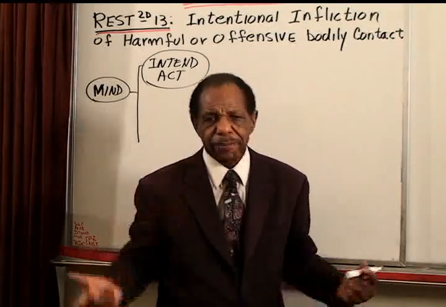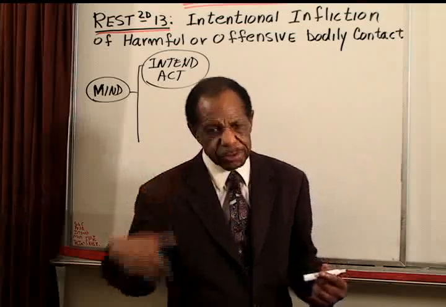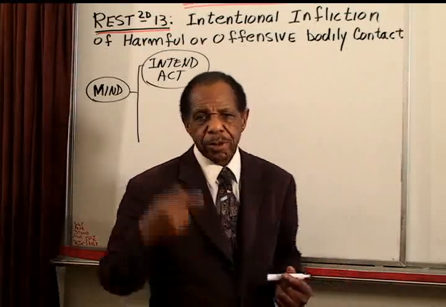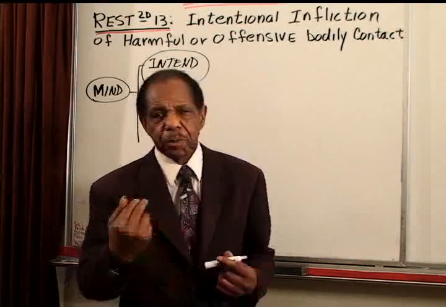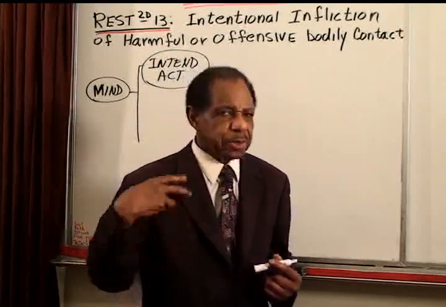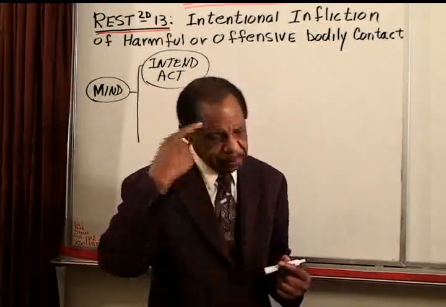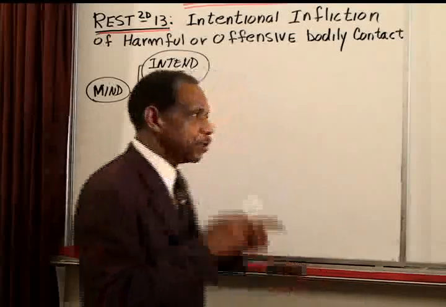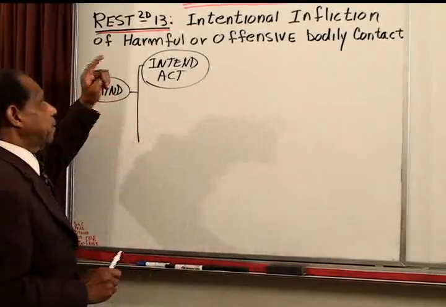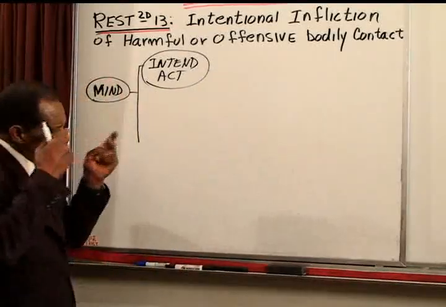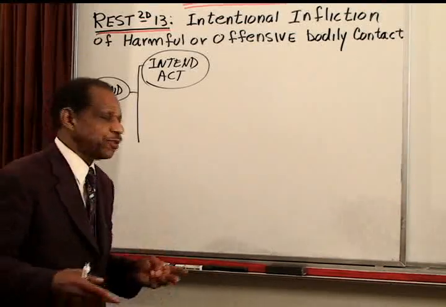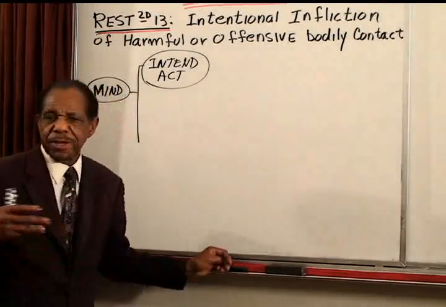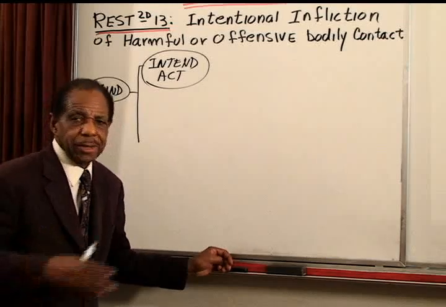That's not reflexive. Your brain tells your arm to move. Whereas with the eye, I'm not talking about biology, but we treat that as reflexive, whereas we don't treat the movement of the arm as reflexive. The first step in battery is that the brain has to instruct a muscle to do something. Reflexive actions, a person who is having a seizure, for example, that doesn't count.